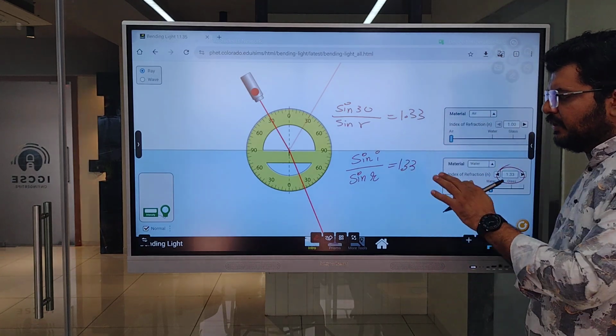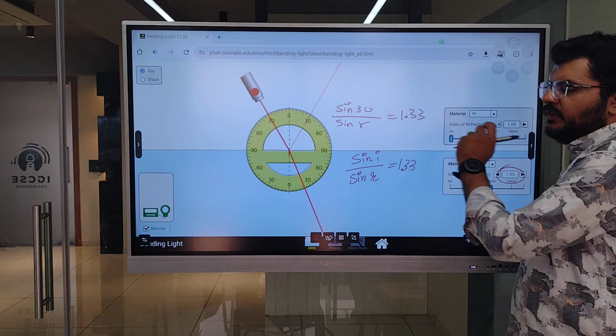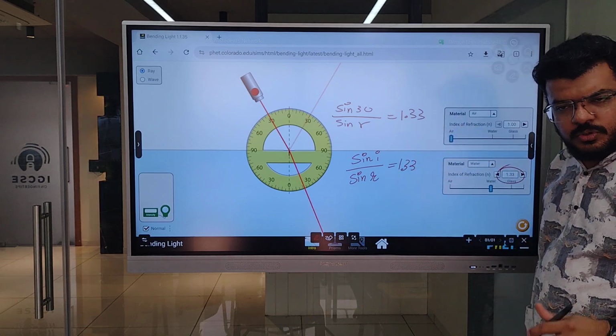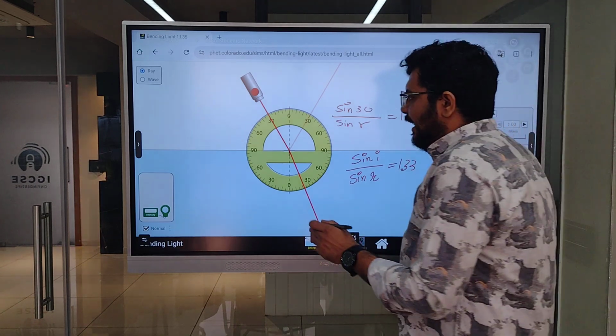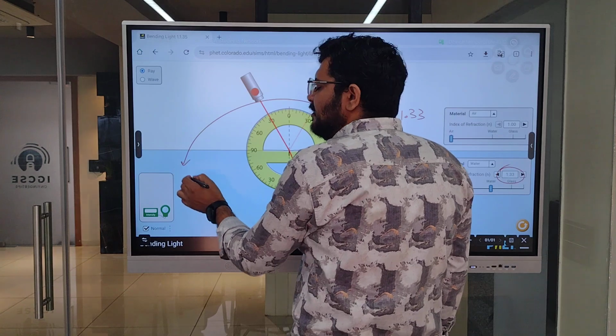Now, can we use a little bit of mathematics to find out what will be the value of R? Do you have calculators? I will make R the subject of formula.